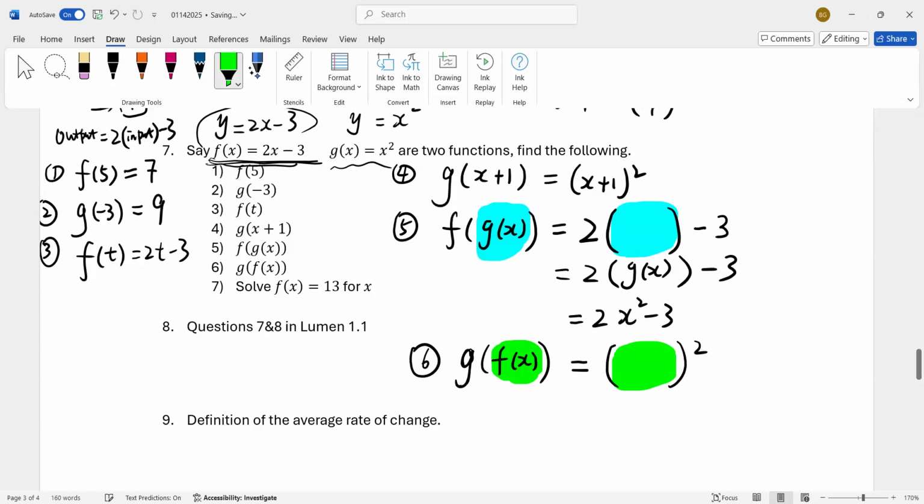And what's the input? The input is f of x. What is f of x? f of x is 2x minus 3, and that's it. Please let me know, is that understandable? Yeah, I understand. Perfect. Yes.